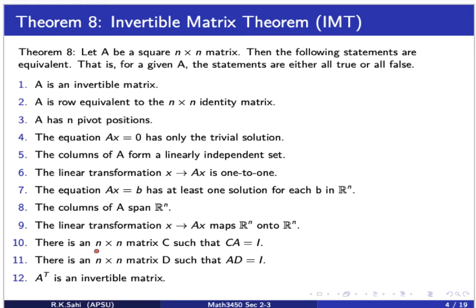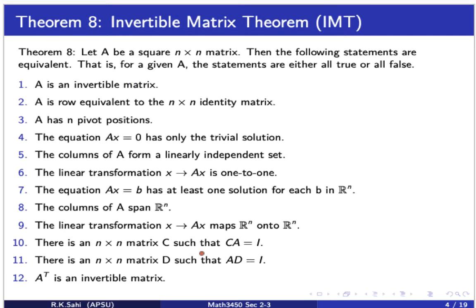And this is basically the definition: if A is invertible, then there is an n by n matrix C such that C times A is the identity. And also there is an n by n matrix D such that the product of A with D is the identity. And the very last statement: A transpose is an invertible matrix. So all these things, guys, we have done earlier.